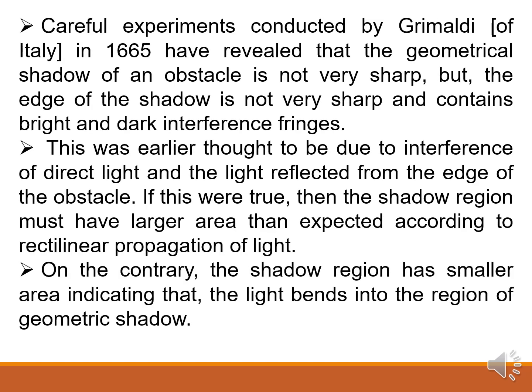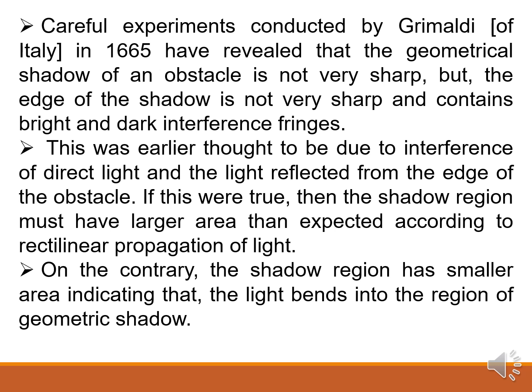But the careful experiments conducted by Grimaldi in 1665 have revealed that the geometrical shadow of an obstacle is not very sharp, but the edge of the shadow contains bright and dark interference fringes. They tried to explain this using interference.